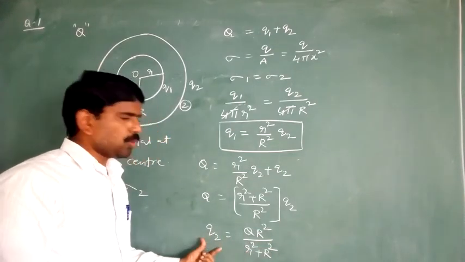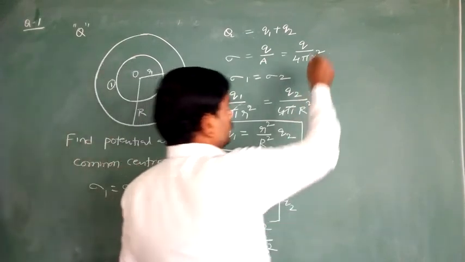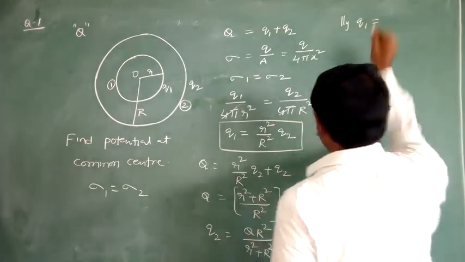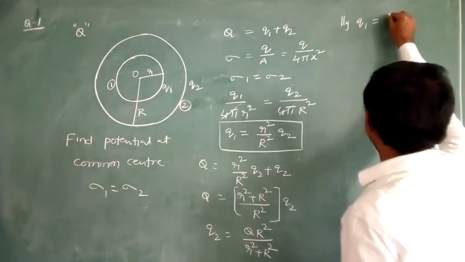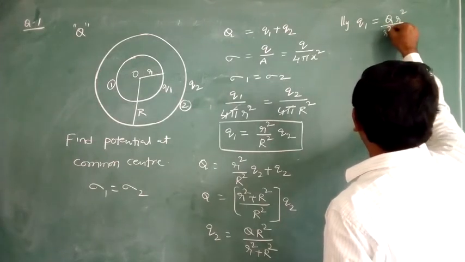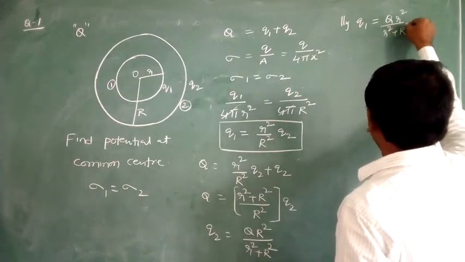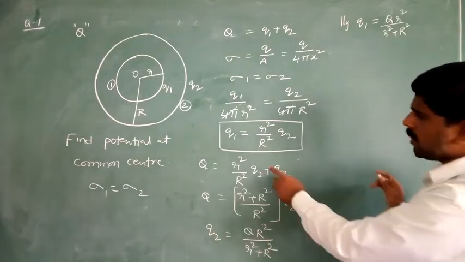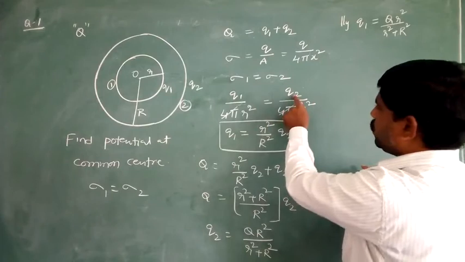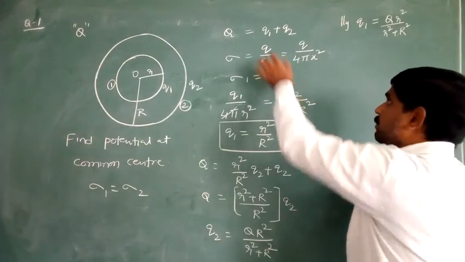This is the Q2 value. Similarly, Q1 is equal to Q into small r square by small r square plus capital R square. In case you want, solve this one: first find the Q2 value and substitute it here.